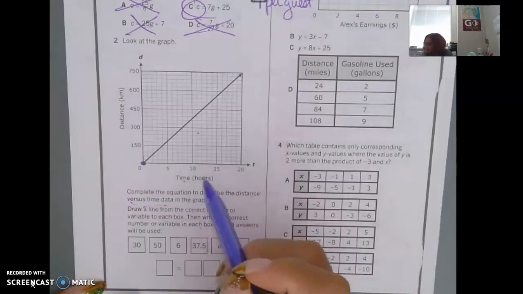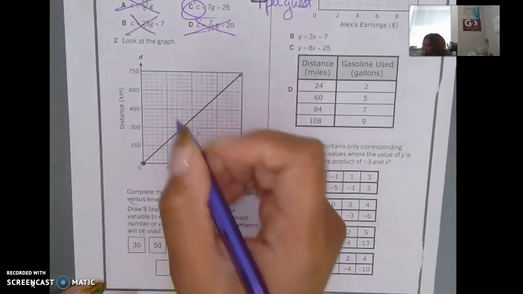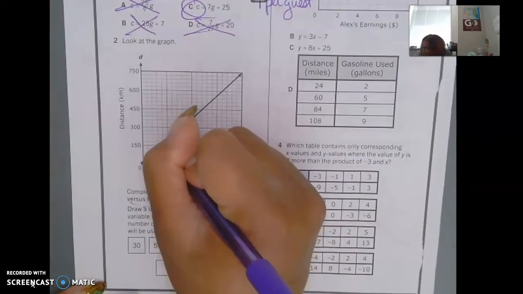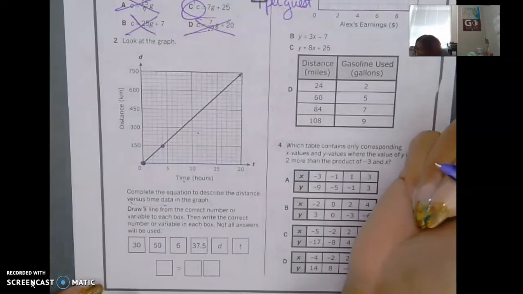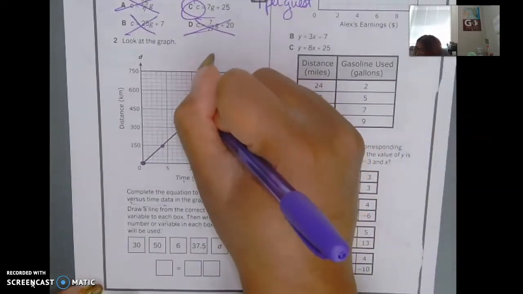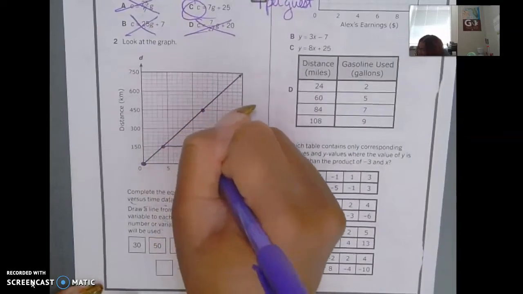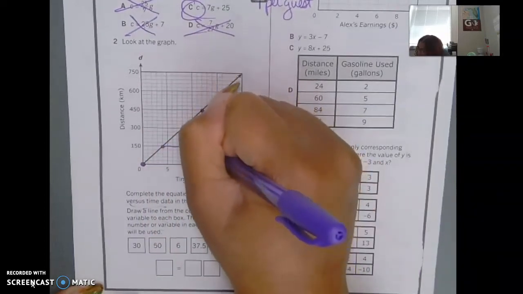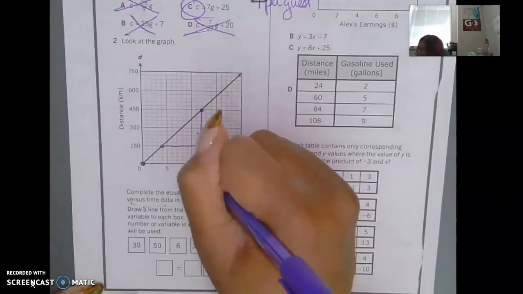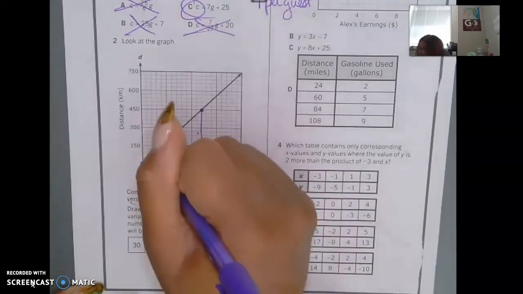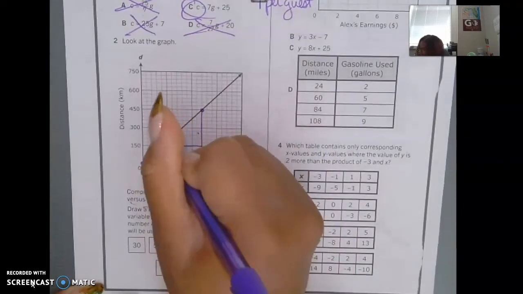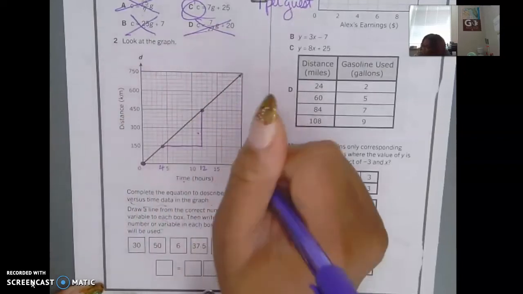Let's see if I can find a friendly point here. This point looks kind of friendly. And this point looks kind of friendly. So I'm going to draw a triangle. And this is 4 and 12. This is 150 and this is 450.